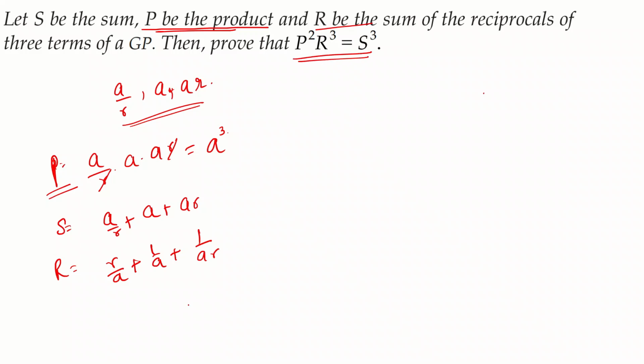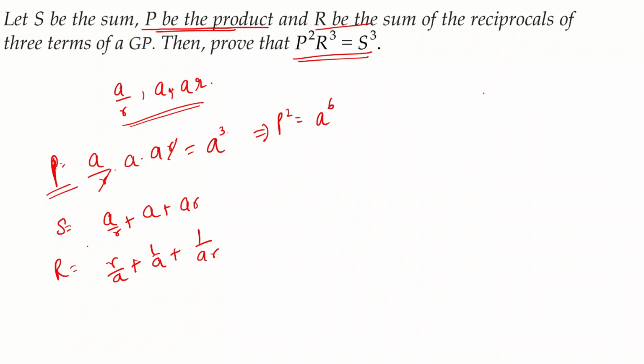Okay, no problem. So we are already having P, and now they need P square. So we square both sides, so we get P square is equal to A to the power of 6. A cubed the whole square is actually A to the power of 6.